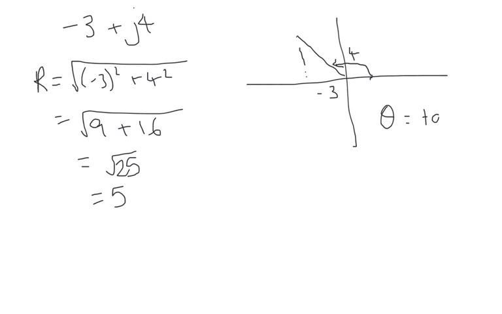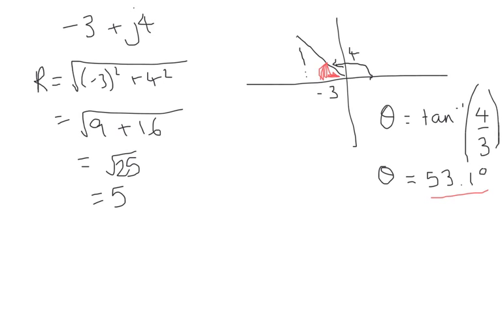Theta is the inverse tan. It's easier this time not to put the negative in the calculator, just to do inverse tan of 4/3, and bear in mind that it has to be in the second quadrant. So if we do this in degrees, we get 53.1 degrees. That's the angle in the first quadrant. So we have 53.1 in here, in the red angle.